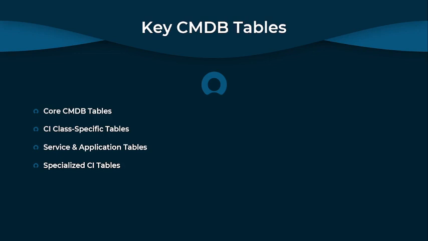Then cmdb_ci_cloud_service focuses on cloud services, storing details about the cloud provider, service type, service regions and account IDs. This table is essential for managing cloud resources and services. Then cmdb_model stores model specific information for hardware and software such as model number, manufacturer, model category and description, aiding in standardization and consistency across the CMDB.